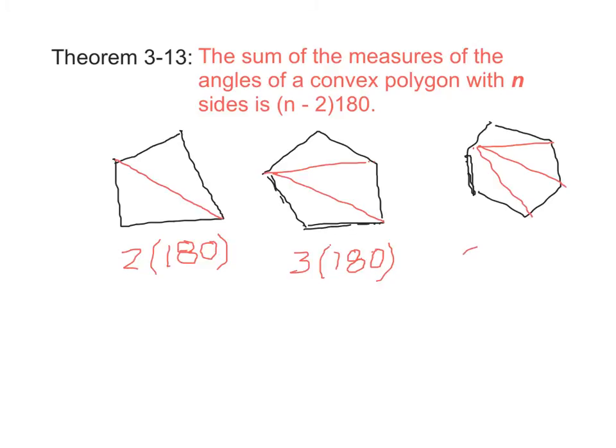So our answer is 4 times 180. Again, 4 is 2 less than the number of sides, which was 6, since this was a hexagon. So that explains how we came up with Theorem 3-13, that the sum of the measures of the angles of a convex polygon with n sides is n minus 2 times 180.